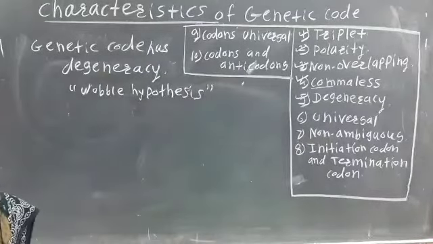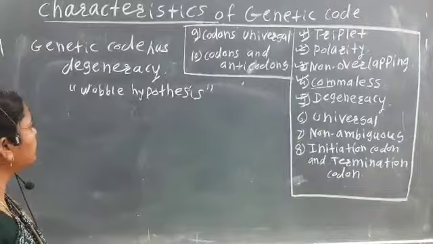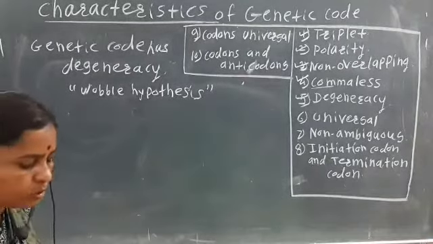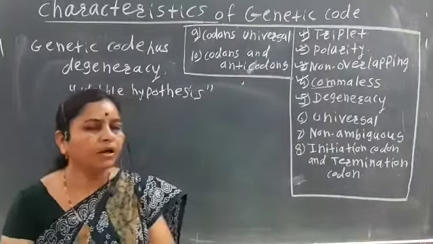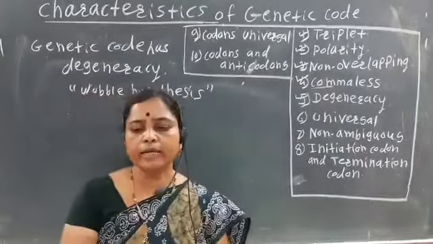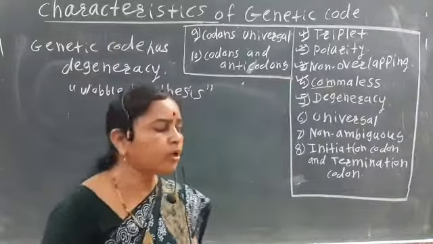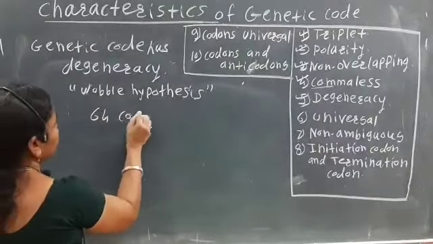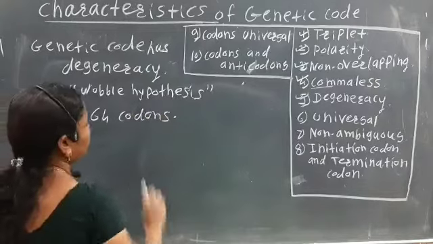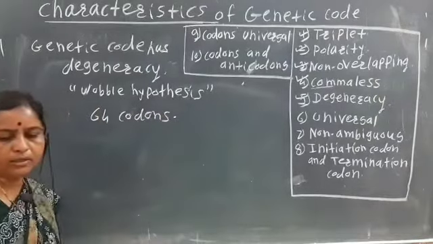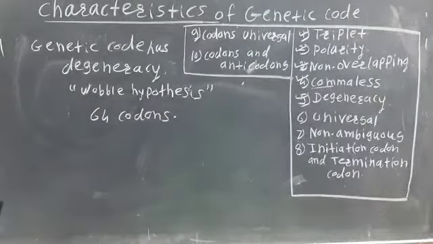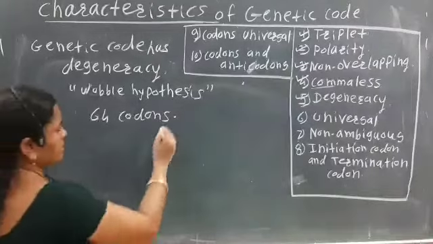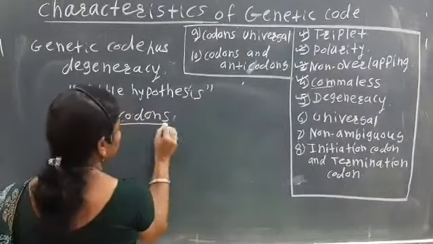So in the Wobble hypothesis, if we see in the chart, the total number of codons is 64. There are 64 codons.